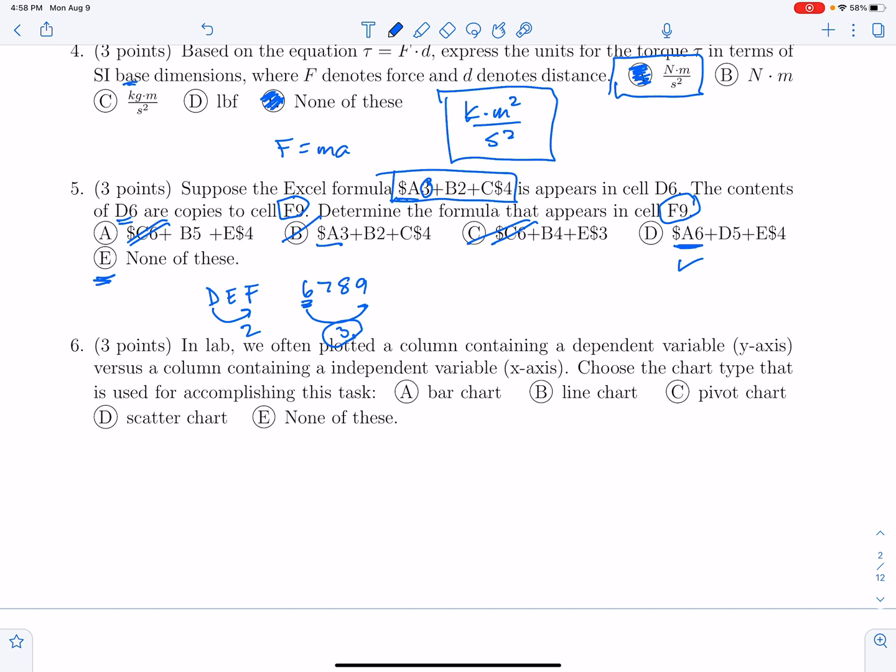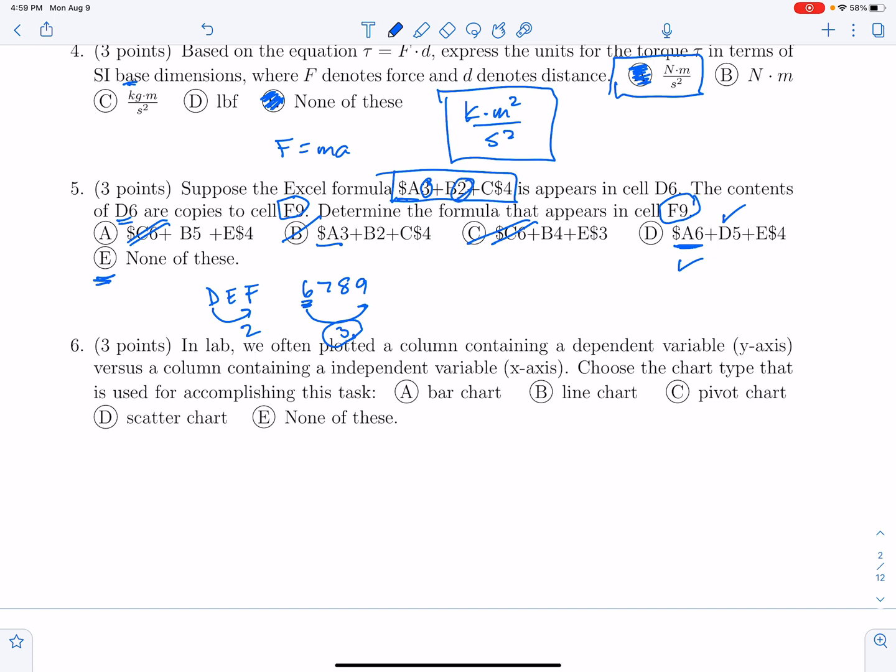So we have to completely flesh this out the rest of the way to eliminate none of these. All right, so if I look at B, okay, add 2 increments to B. All right, so B, C, D, that's correct. Okay, the 2 gets incremented by 3 because it's the row number.